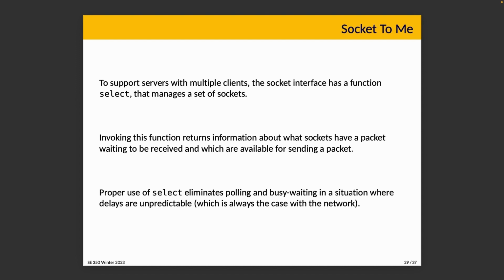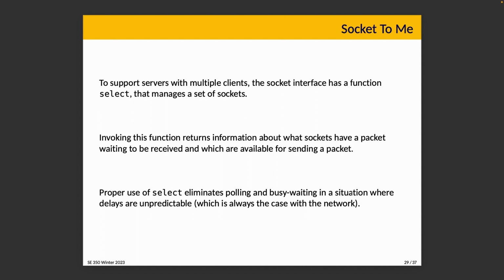And we didn't cover it in this course, but it should be in a concurrency course that you take. The socket interface has a function select, and there's also poll and epoll and other similar things that allow you to manage a group of sockets and work with them asynchronously. Invoking select correctly, as annoying and frustrating as it is, allows for some asynchronous I/O.